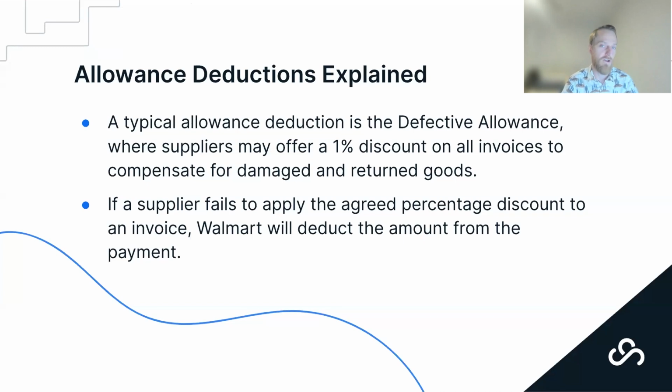It's always helpful to look at how much in damaged goods Walmart has actually seen in the past, or how much is a realistic amount to expect when you're negotiating that percentage, because we do see a wide range of defective allowance percentages. But in this scenario, maybe you agreed to give 1% off of all your invoices to compensate for the cost of those damaged and returned goods. And when you go to invoice Walmart, if you're not giving that defective allowance, then they'll come back and take it as a deduction. And so that's what we'll dig into now.